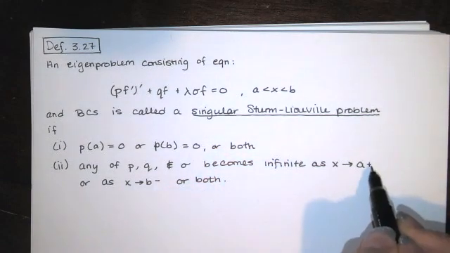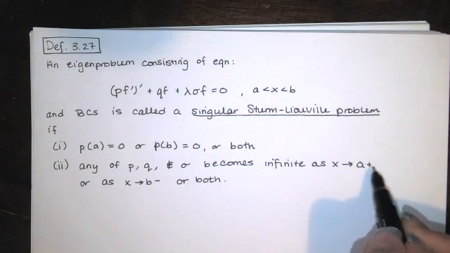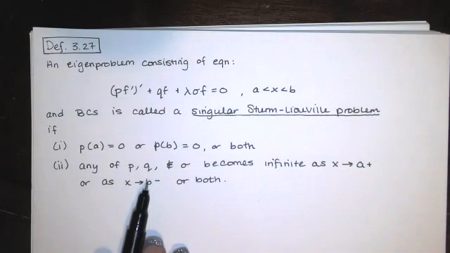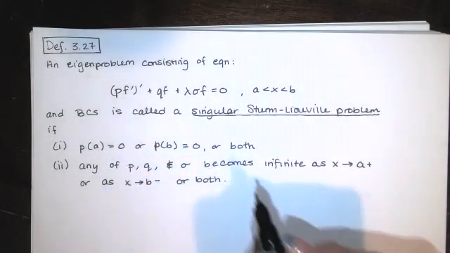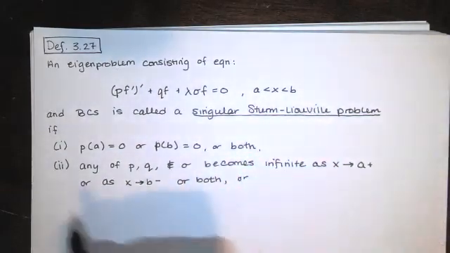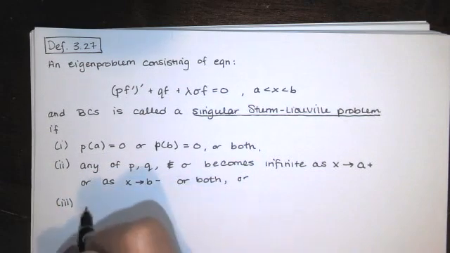Remember that little plus sign means we're approaching from the right. So that means for values greater than A. This little minus sign means we're approaching from the left. That means for values of x that are less than B, or both. Or if the following is true, if the interval of interest, the interval from A to B, is not a finite interval.